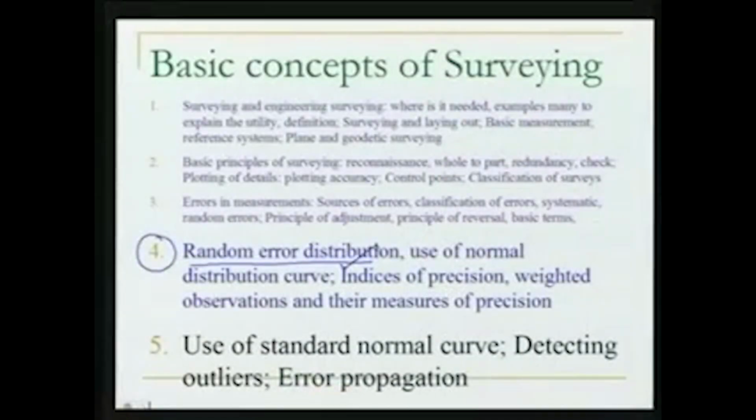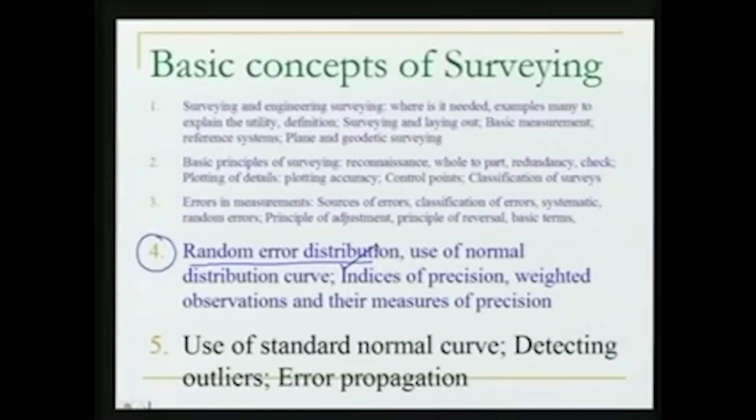But if all the random errors are put together, the behavior, as we have seen in the normal distribution curve, is towards the negative side equally and towards the positive side equally. The likelihood of large errors occurring is very small, and the likelihood of smaller random errors occurring is very high. We saw that the random errors are distributed like that.